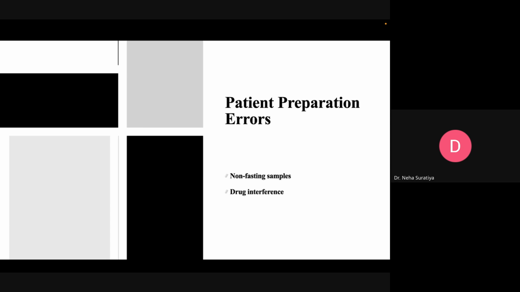Timing also matters, which is not written here, but for your understanding: cortisol levels vary throughout the day, right? Therapeutic drug monitoring requires samples at specific times. So a perfectly done lab test can still be misleading if the preparation is wrong. Patient preparation is very important.